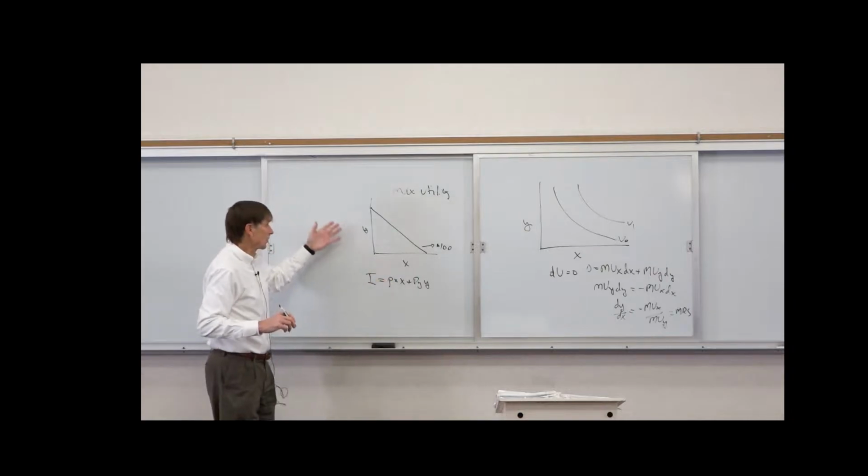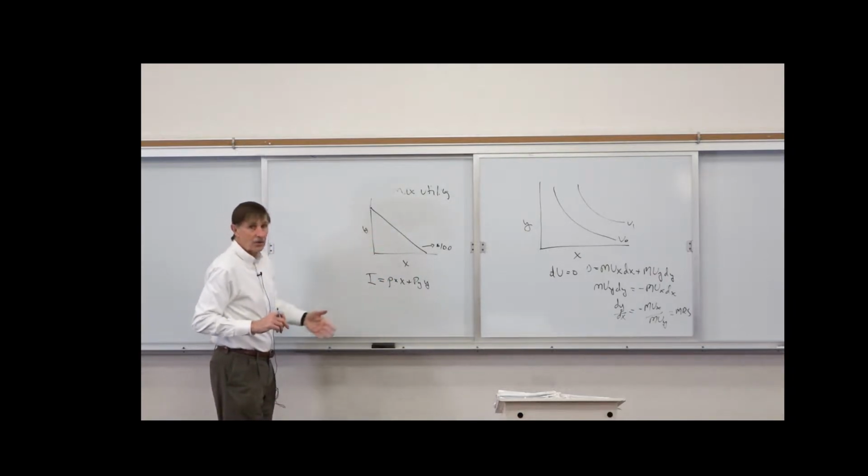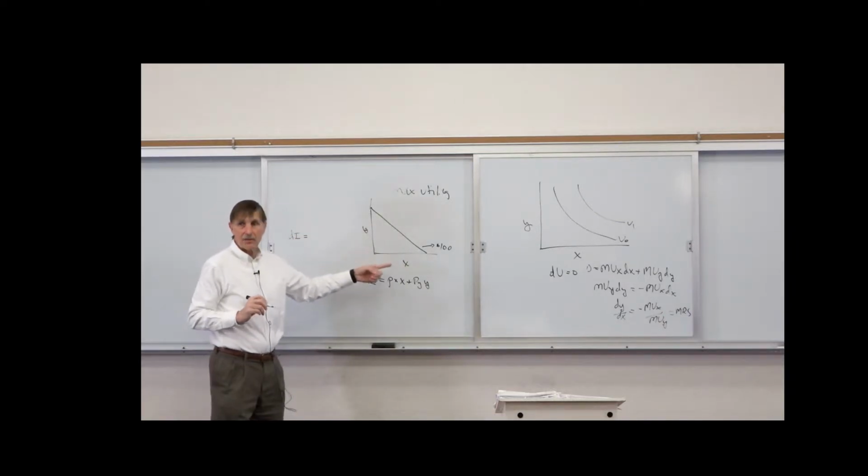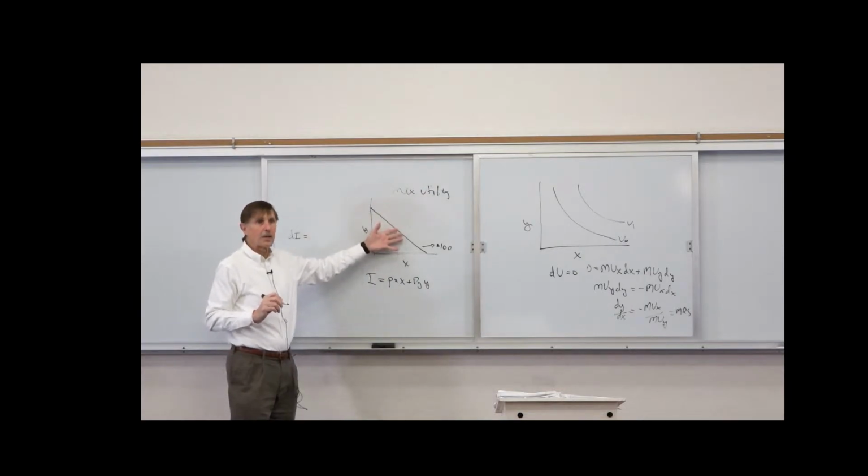Now we're going to do the exact same thing. We're going to look at the slope of that budget constraint. The change in income along there is 0. That's what that represents.